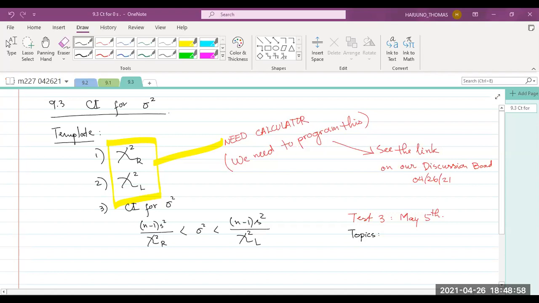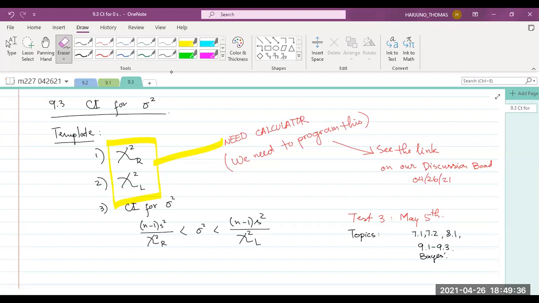Yeah, chapter 7. That's 7.1 and 7.2 only, as I remember, and then 8.1, and then 9.1 to 9.3, and Bayes' theorem.